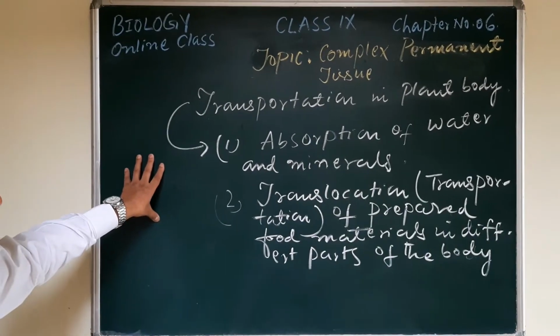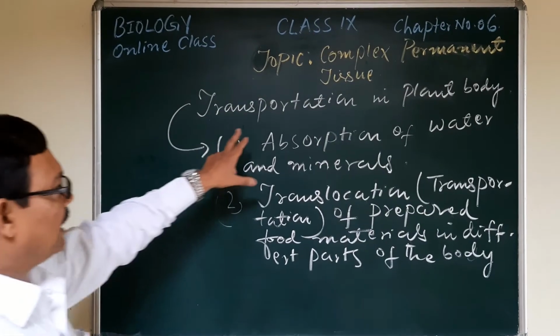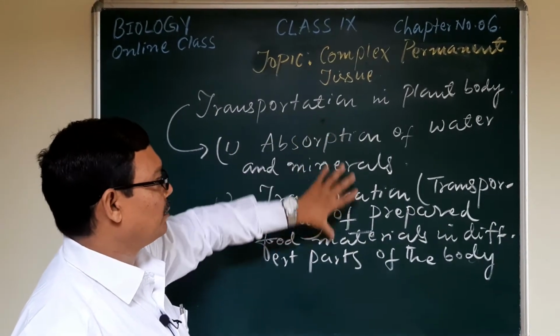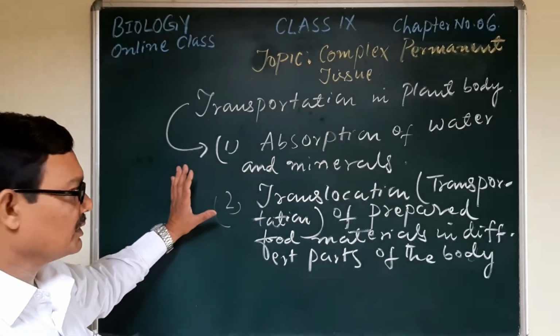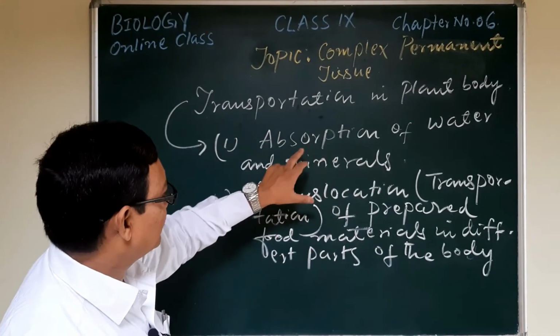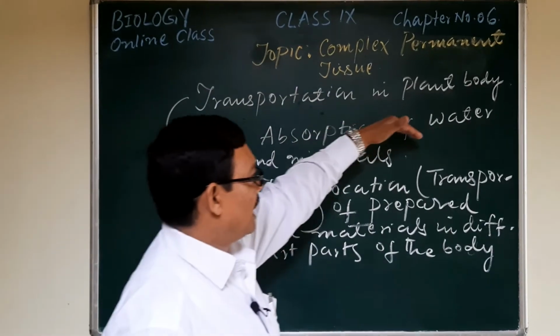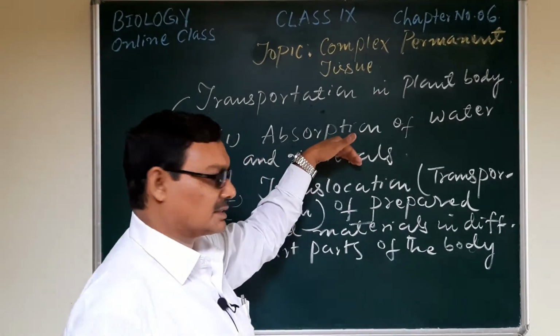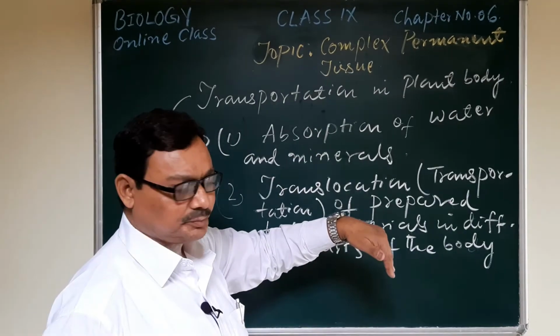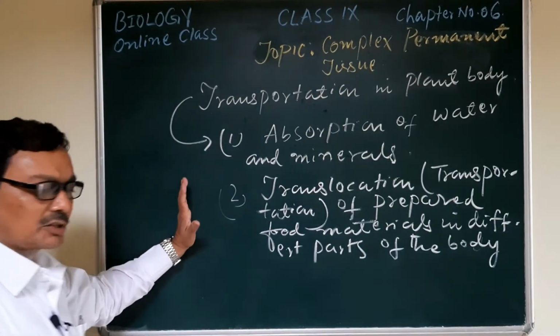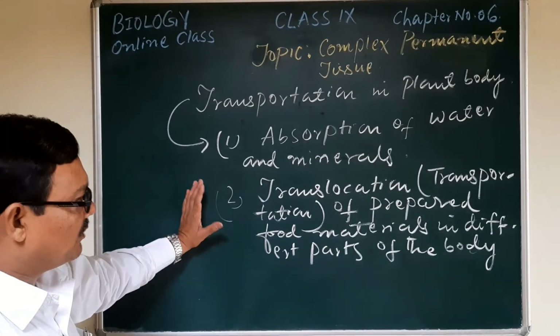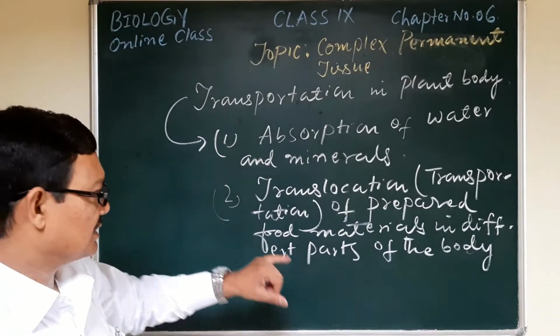In the plant body there are two important functions in regard to the transportation process. What are these two functions? Like absorption of water and minerals from the soil, which reach up to the topmost part of the plant, like the leaves, where the process of photosynthesis occurs.